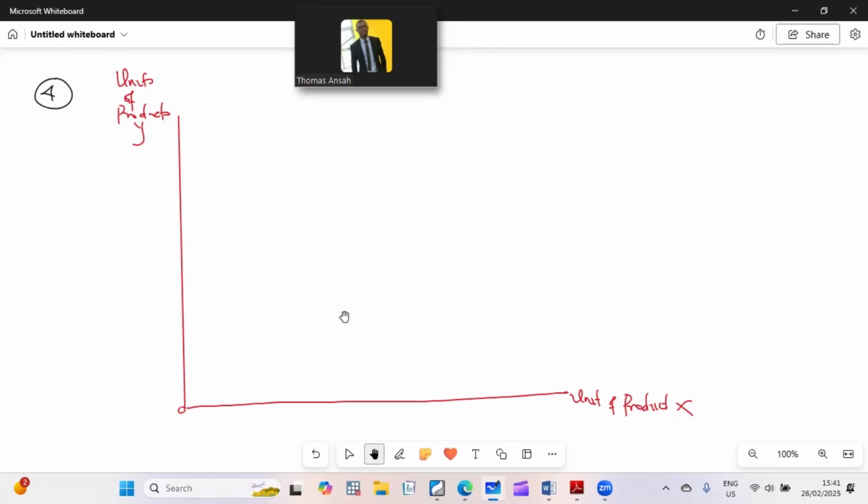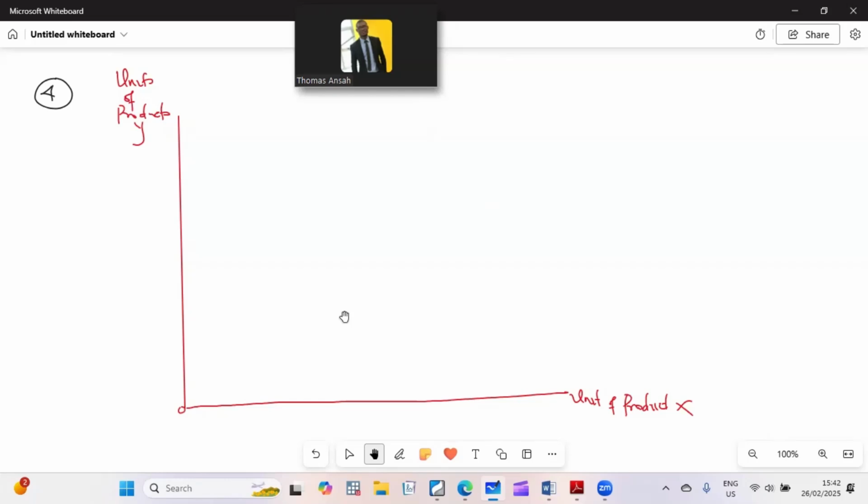But before we go in there, let's do some workings. All the constraints, we are drawing a feasible graph. What we are trying to do is to identify a feasible region. So we are going to draw the constraints for all the departments.